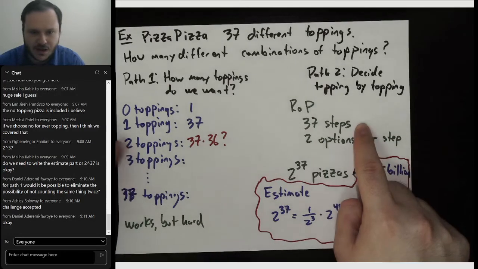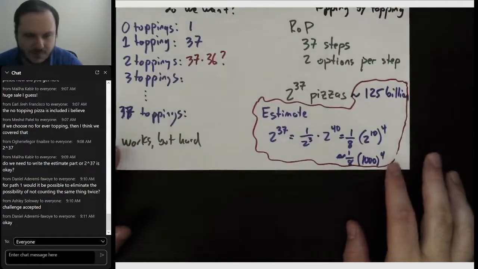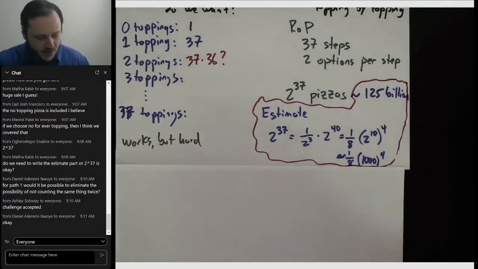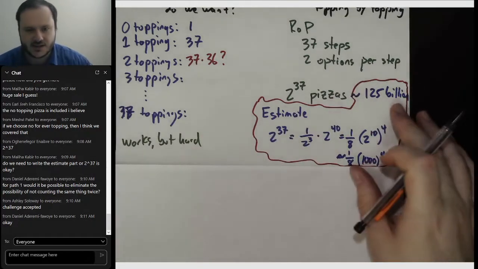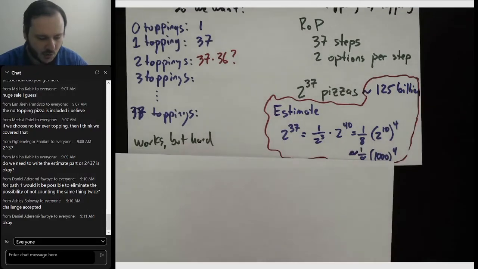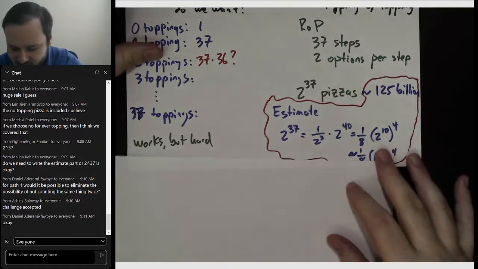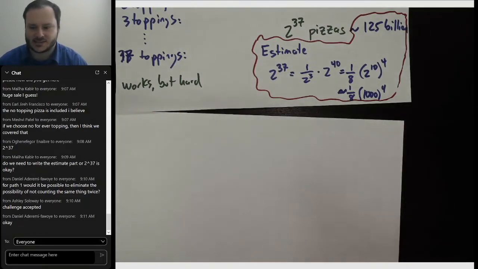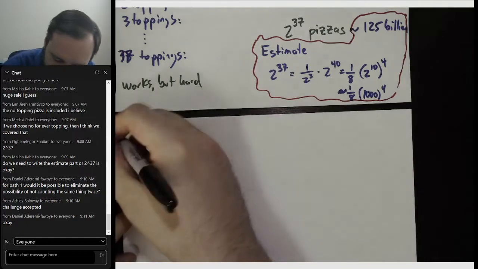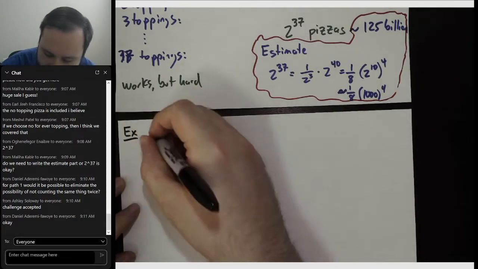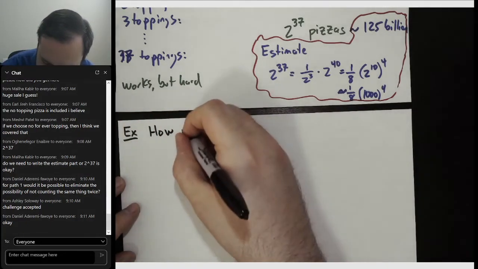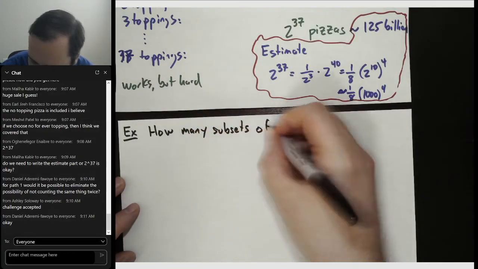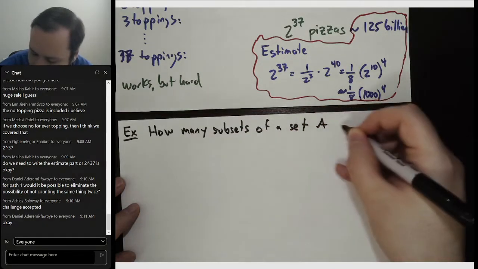But I do want to mention one thing here. Abstract a little bit away from our pizzas. What are we really doing in this pizza example? We're really choosing a subset of the pizza toppings. So the boring math way to ask the same question is, how many subsets of a set A exist?